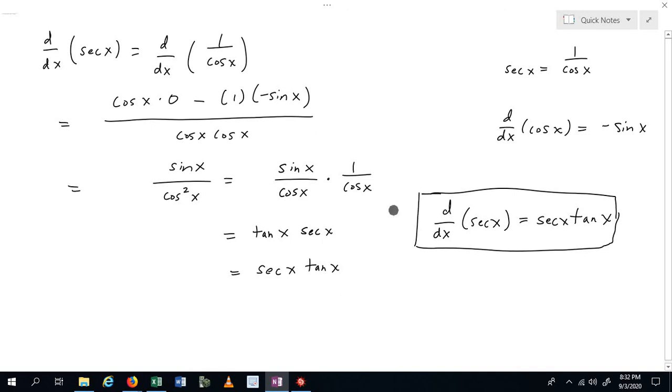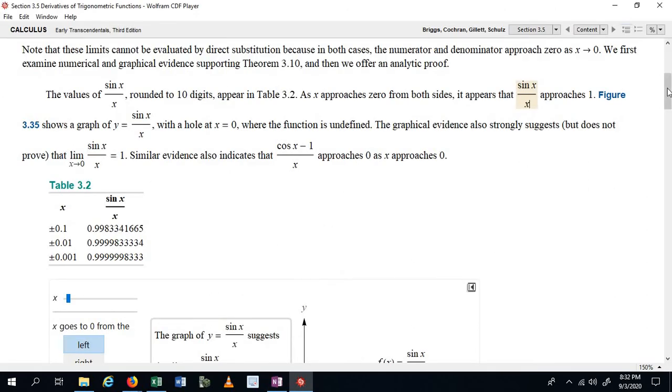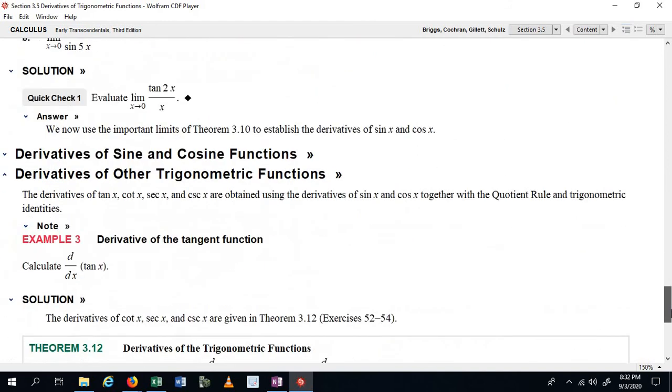Okay, so we're making some progress. Now there's only two other trig functions that we need to find the derivative of. And I'm not going to actually work those out, but I am going to try to convince you because of the pattern that's evolving here.